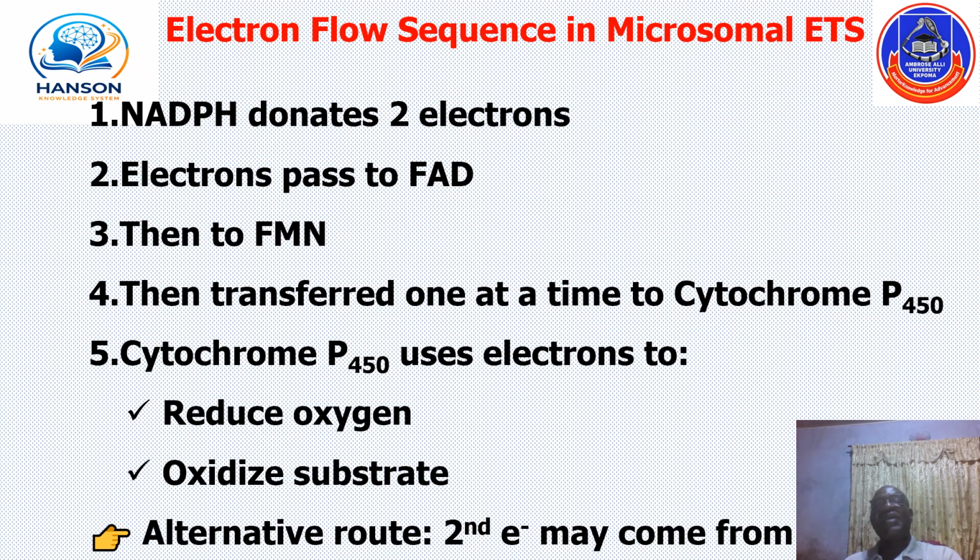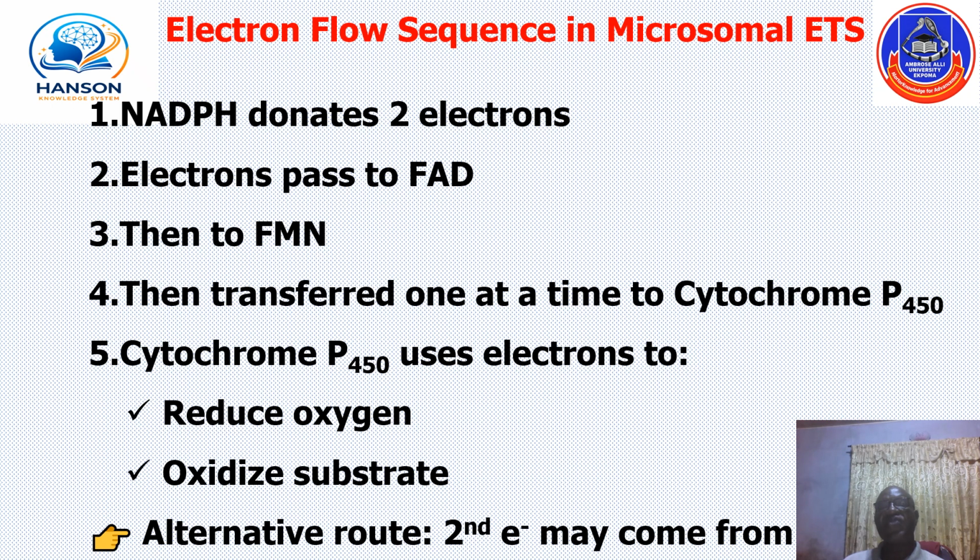Again, let's look at the electron flow sequence in the microsomal electron transport chain. Like the mitochondrial pathway, NADPH donates 2 electrons.